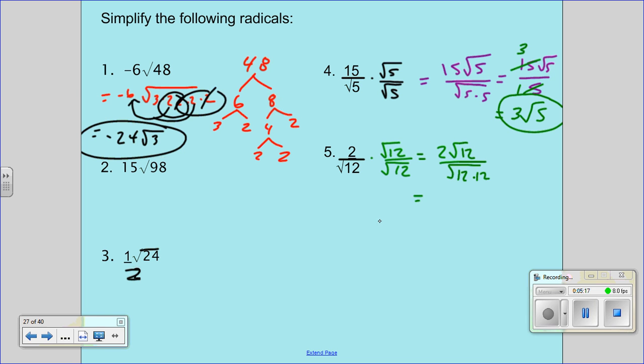And then you should realize what's going to happen next. At the bottom, the 12s are going to cancel, and 1's going to come outside. So I will now have 2 square root of 12 over just 12.